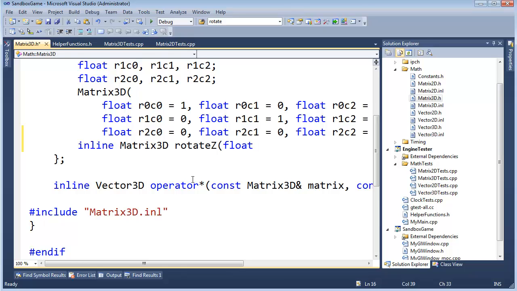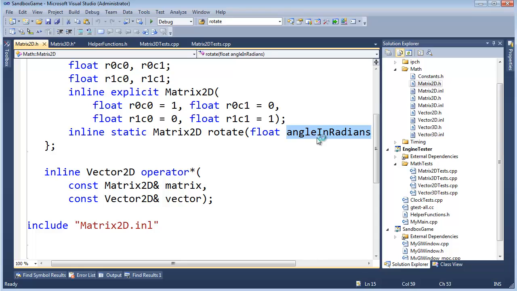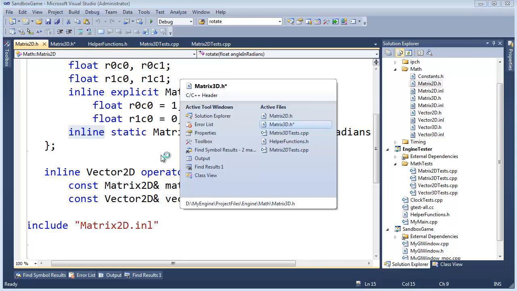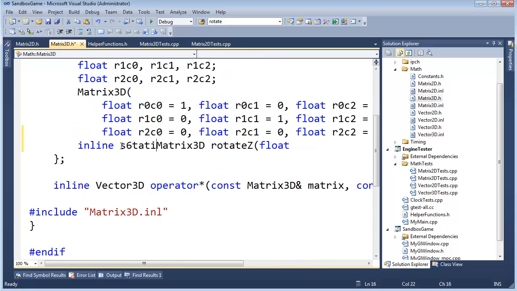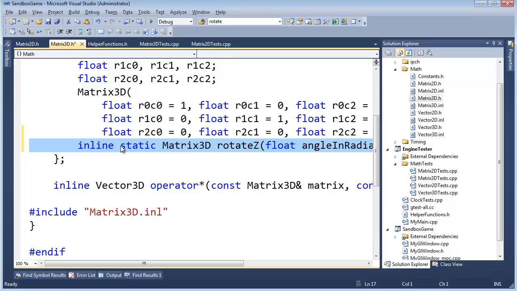Float, what do we call it, angle in degrees or something? Let me look at Matrix2D.h here. Angle in radians, that was right. Inline, oh, it needs to be static too. Static, float, angle in radians. Okay, I'm going to copy this.